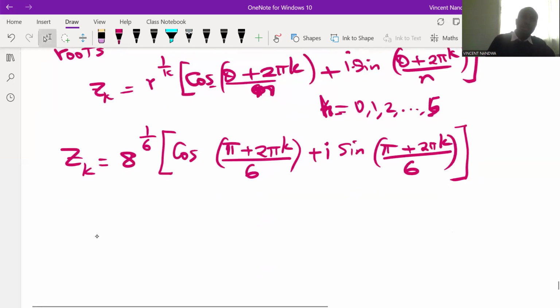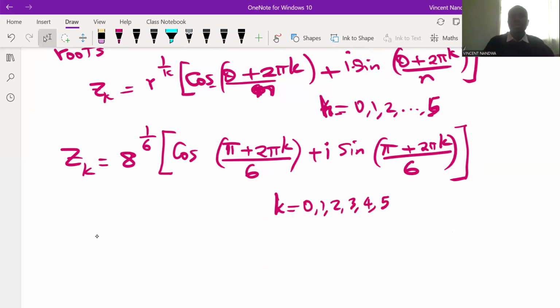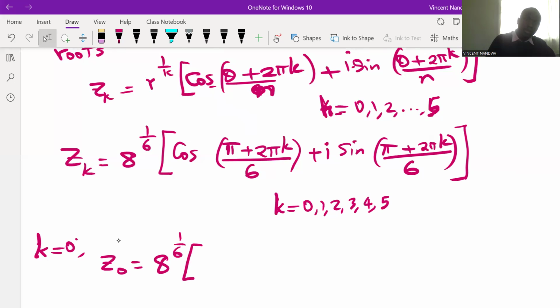And specify that k runs from 0, 1, 2, 3, 4, all the way up to 5 because n is 6. So when k is 0, z0 will be 8 to the power 1 over 6 times cosine of, so 0 times 2 pi is 0, so we'll have just pi over 6 plus i sine pi over 6.